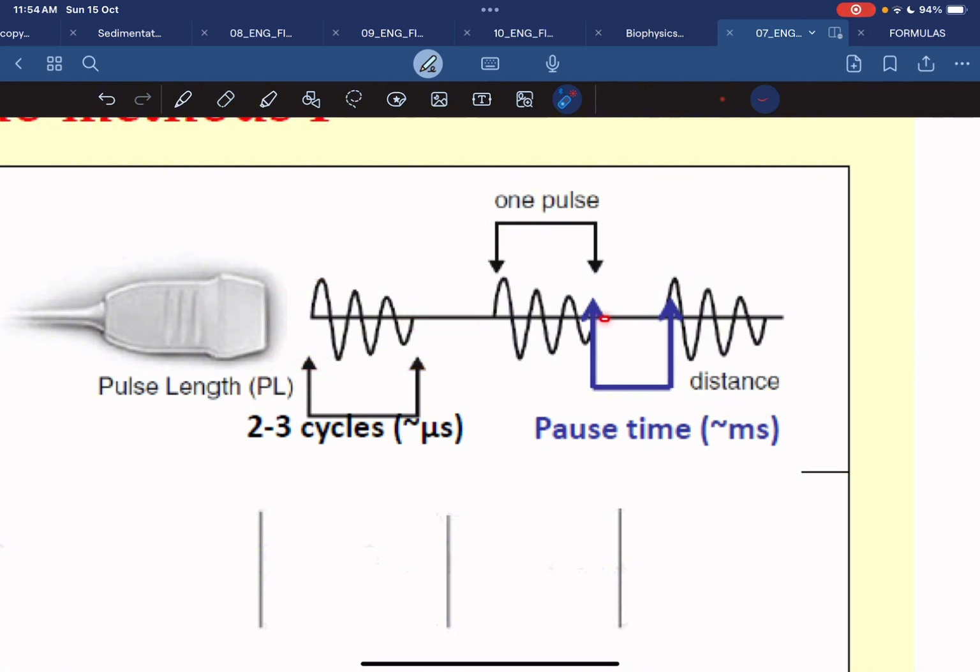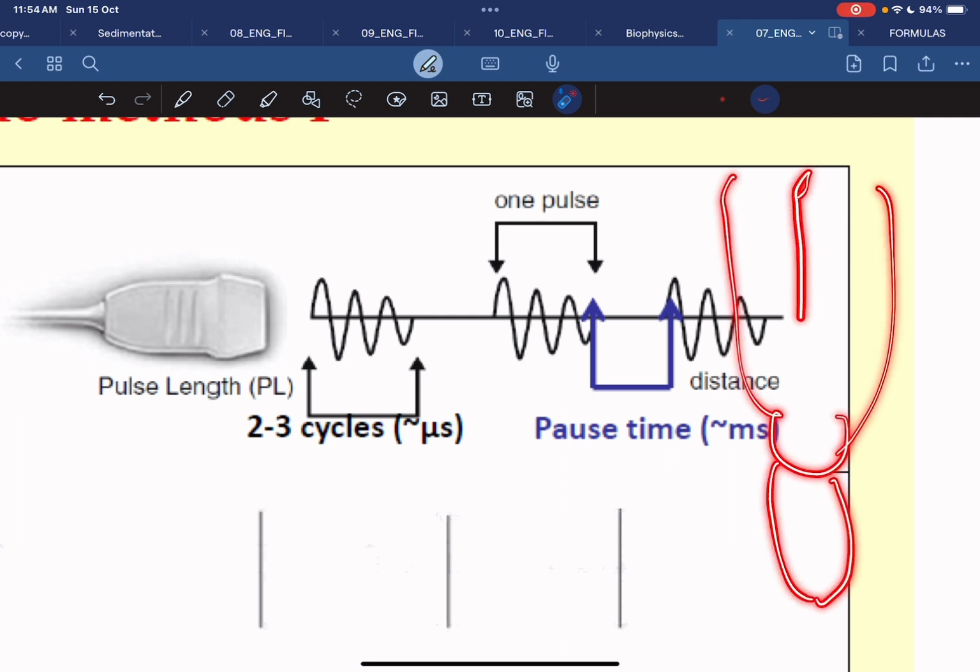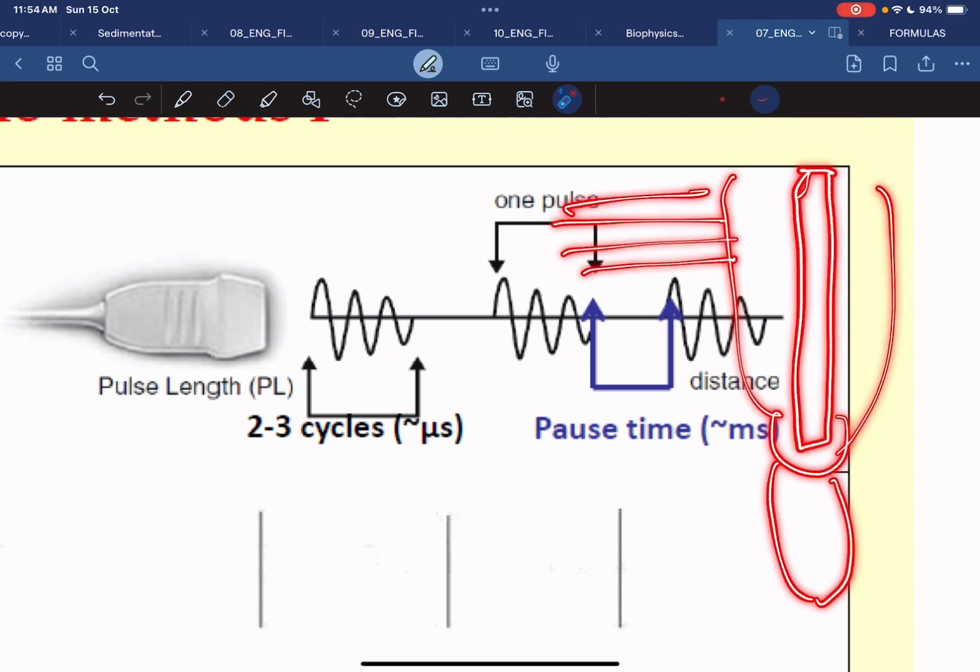This is called the pause time. Why do you wait? Because when you're passing ultrasound, suppose this is your leg, this is your knee, this is your calf, and you have your bone over here. When you're passing ultrasound through this, you pass the ultrasound and then you wait for some time for the ultrasound to bounce back, because there's going to be a bit of reflection.